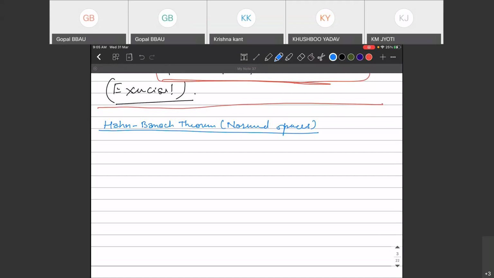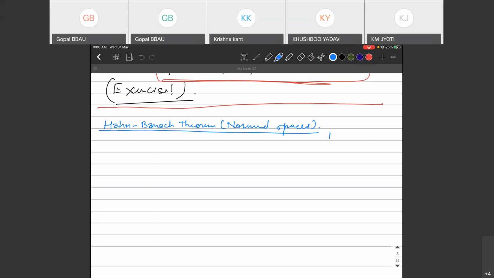So I write this statement first. What does it say? It says we have a normed space X, a subspace Z of this normed space, and a bounded linear functional f on the subspace Z. Then the Hahn-Banach theorem says that there exists an extension of the given bounded linear functional on the whole of X, and that extension will preserve the norm. Let me write it.